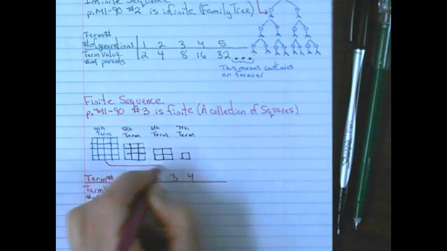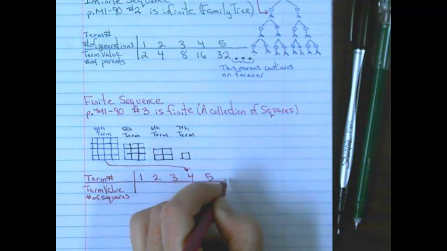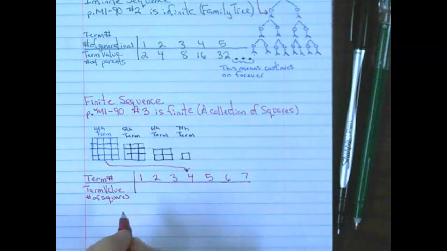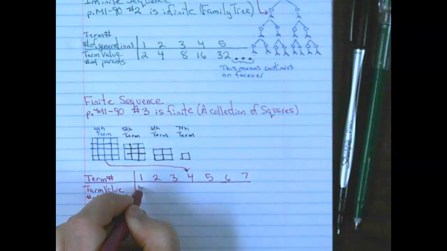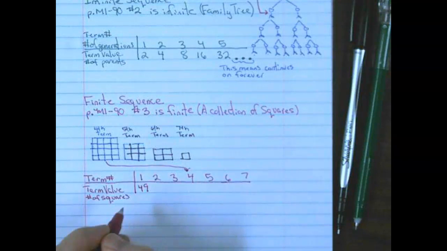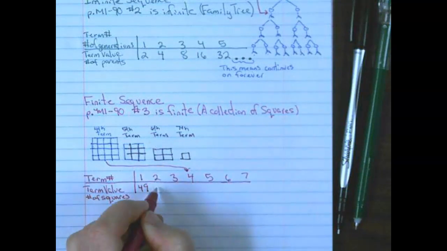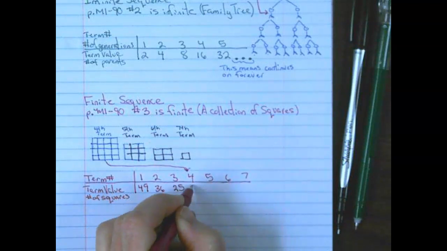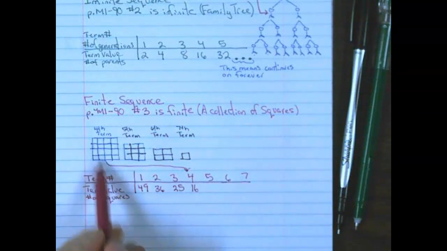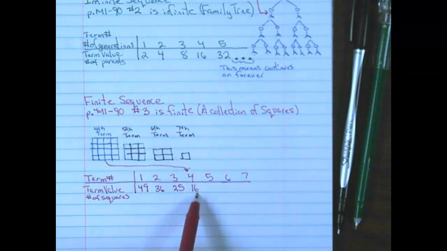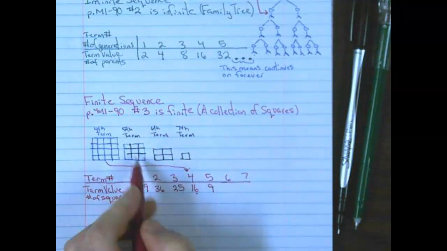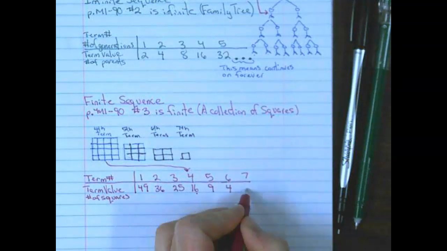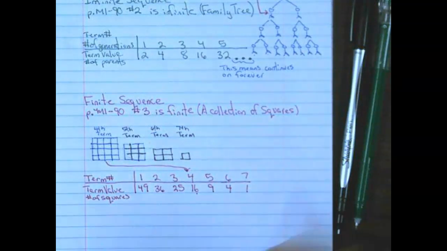There's our 4 right here. 5, 6, 7. So our first term in the textbook had 49 squares. It was a 7 by 7 square. And then 36, 25, and then starting here, the ones that we can see, there's our 16 squares. 9 squares is our next one, our 5th term. 4 squares, and then 1 square.